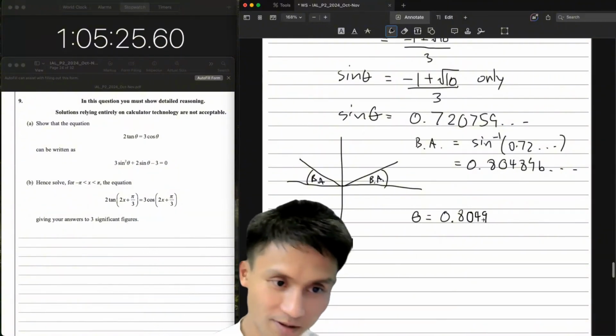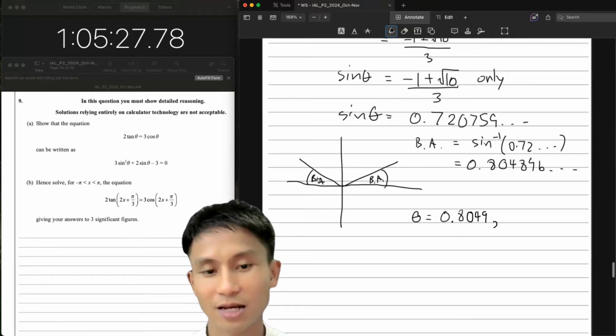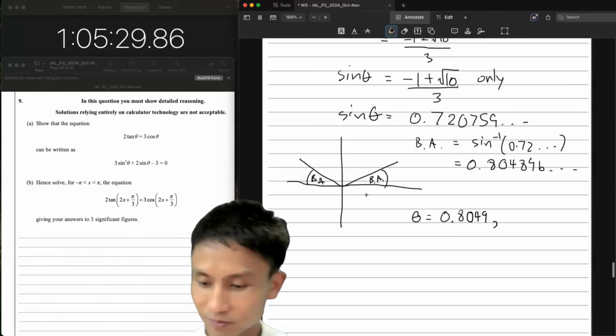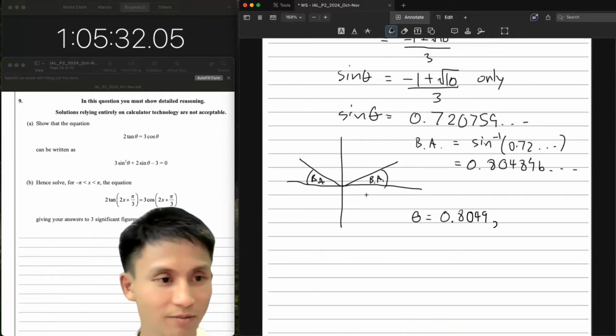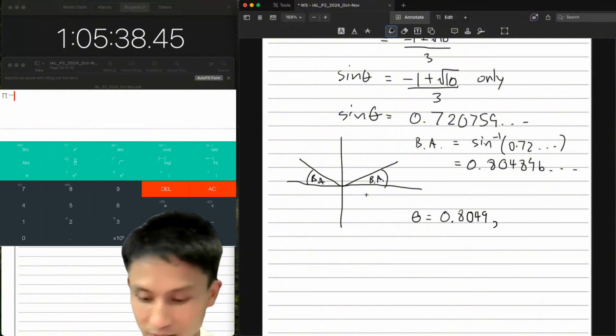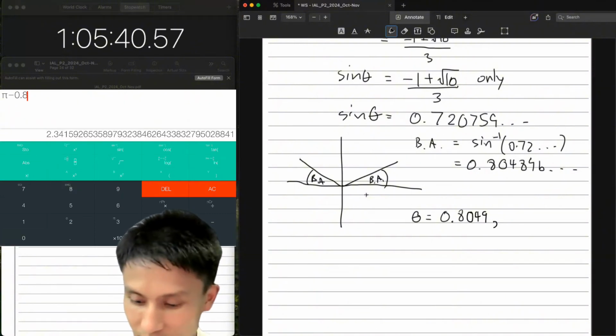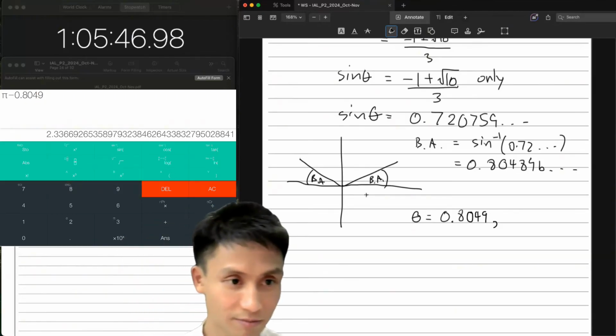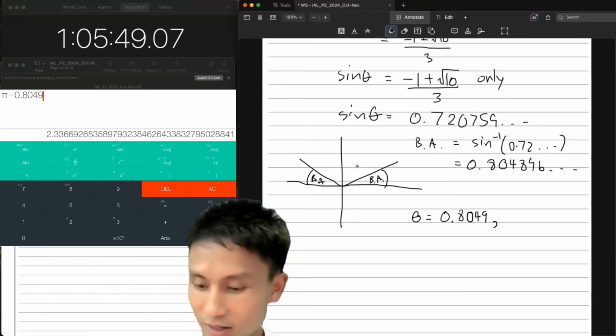And the next one, I'm already out of that, so it's going to be just pi minus 0.8048, maybe 49. That should be fine.